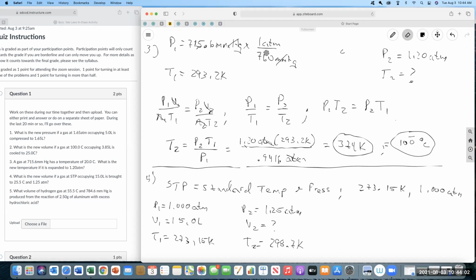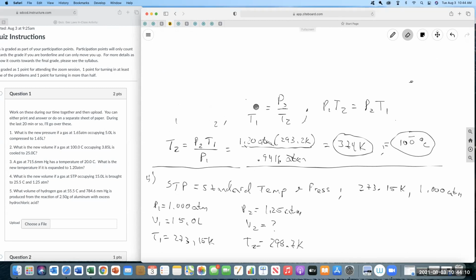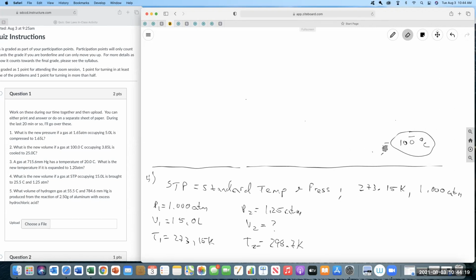All right, let's just do the math up here. So then we have P1 V1 over N1 T1 is, again, 2 sets of conditions, P2 V2 over N2 T2.